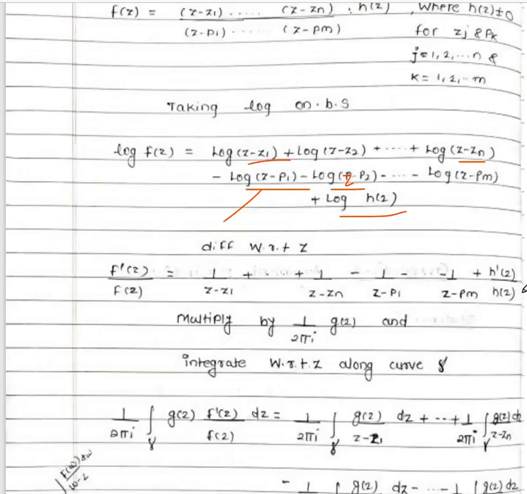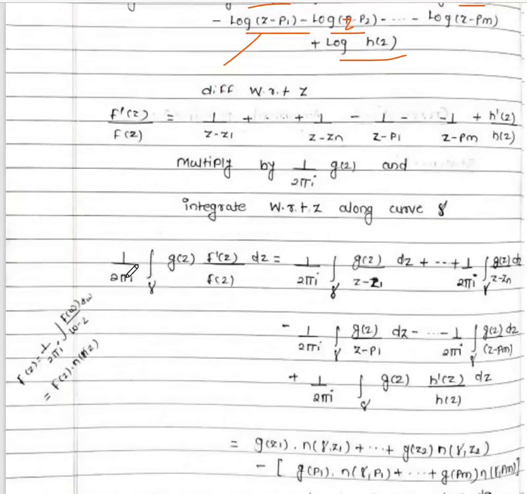Okay, now we will multiply on both sides by 1 upon 2 pi i into g of z, and then we will integrate with respect to z along the curve gamma.